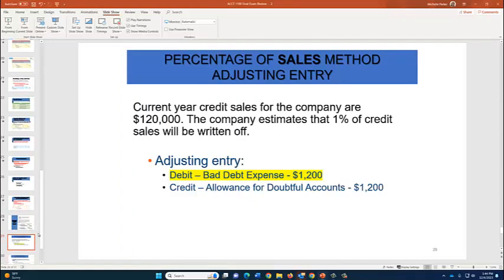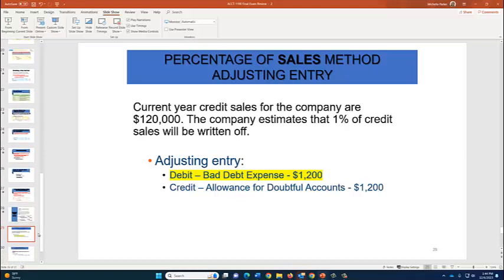Next, we're going to move into Chapter 16 with the percentage of sales method adjusting entry. So remember, in this chapter, we were trying to estimate our bad debt expense at the end of the year. So in this case, we're using the percentage of sales method, and it's exactly what it says.